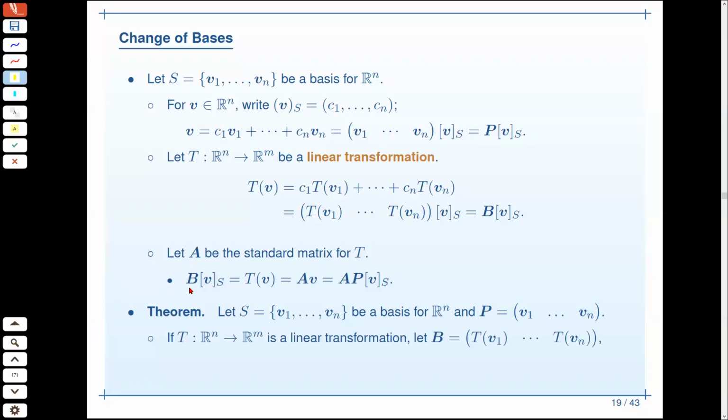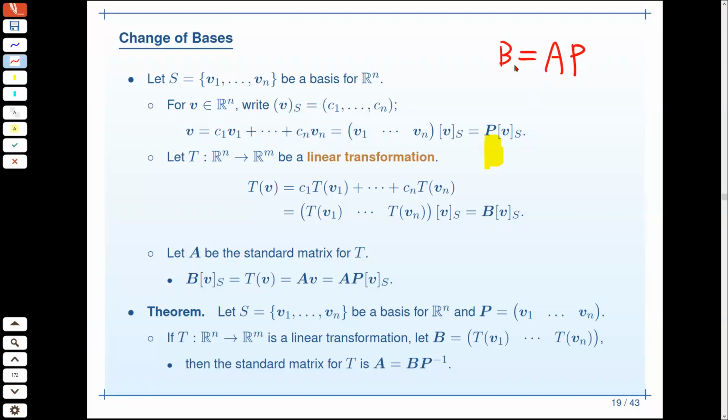Then we must have B equals AP, or equivalently A equals B times P inverse, because we post-multiply by P inverse. We have a much simpler formula.